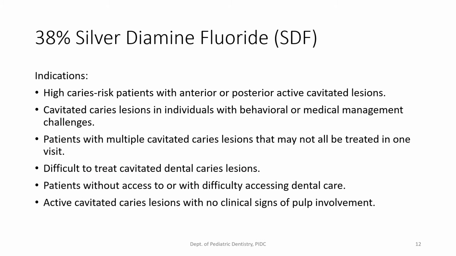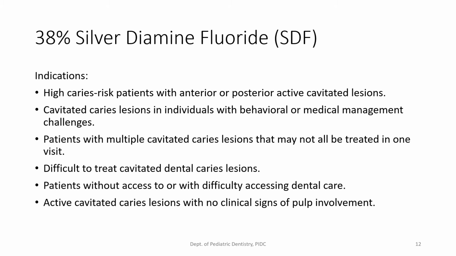So the indication is children who are at high caries risk with anterior or posterior active cavitated lesions, especially if they are present in children who have behavioral or medical management challenges, for example children with cerebral palsy or children with severe autism, where it's very difficult to get the child to calm down.